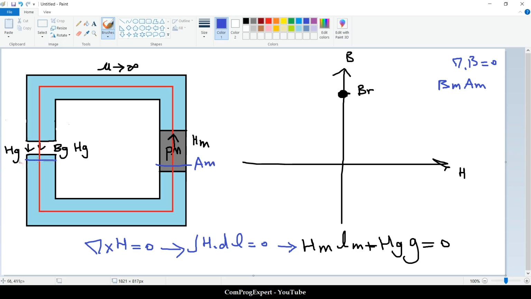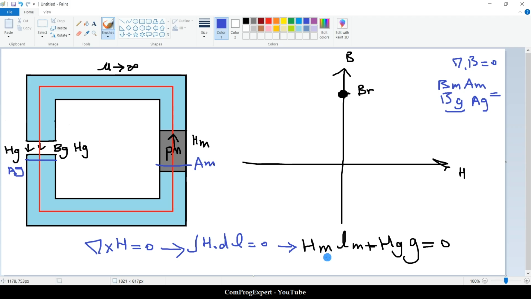And this is the cross-sectional area of the gap, is equal to B gap times A gap. So if we know dimensions, okay, we can specify B gap, and also we can specify H gap and HM.